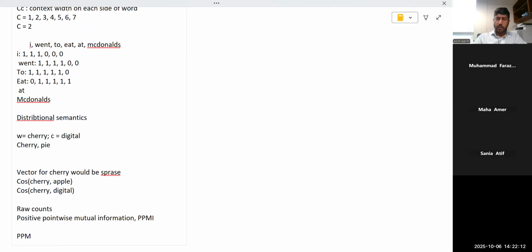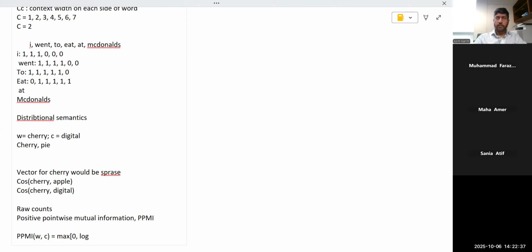So PPMI of a word W and a context C is basically max of 0 and the formula. Let me write the formula.